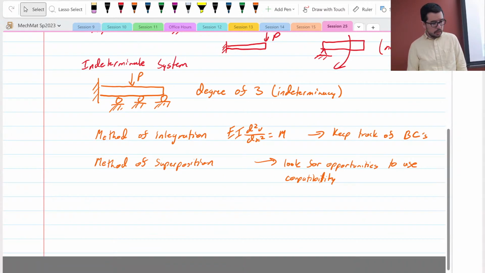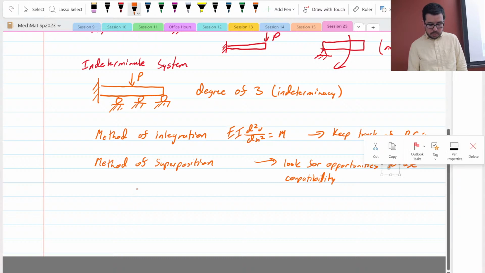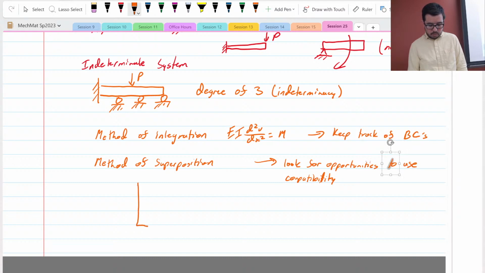That's the kind of thing back in the day where we said, if I have a bar and I'm applying some force to it, this is an indeterminate system.